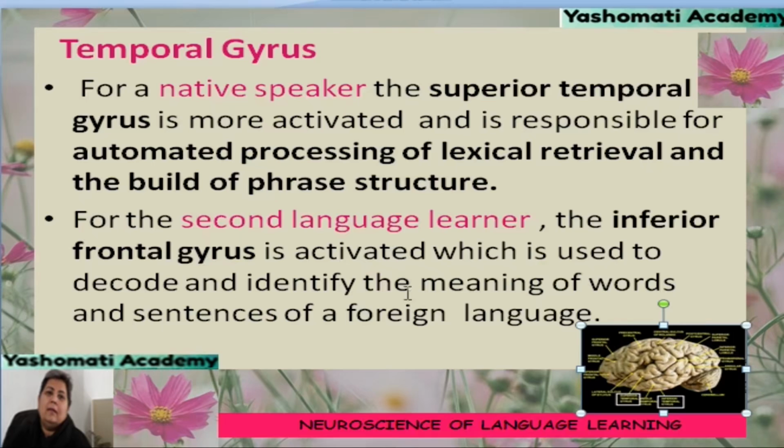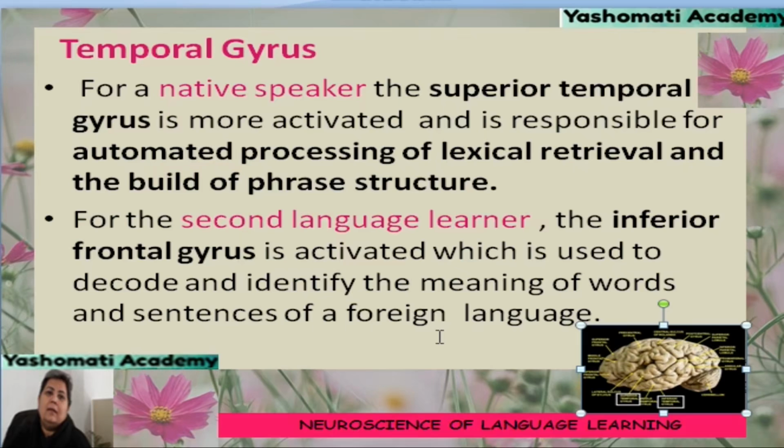Whereas in case of a second language learner, the inferior frontal gyrus is activated, which is used to decode and identify the meaning of words and sentences of the foreign language. As we studied, for the second language learner, language learning is more of a conscious effort and more of a knowledge based effort, and for that inferior frontal gyrus is activated.